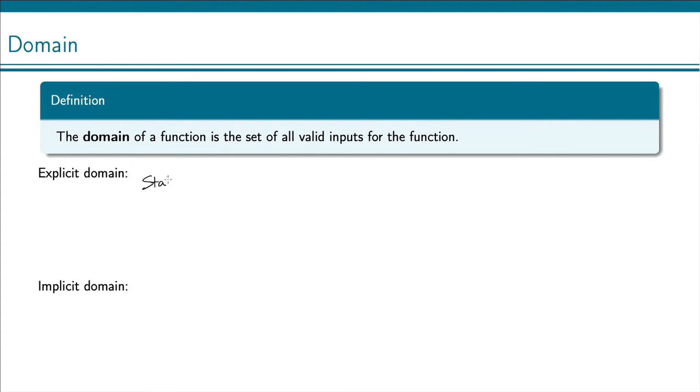Okay, a stated domain. It's just told to you. Okay. The implicit domain is the domain that results from the context of the function and the function itself.